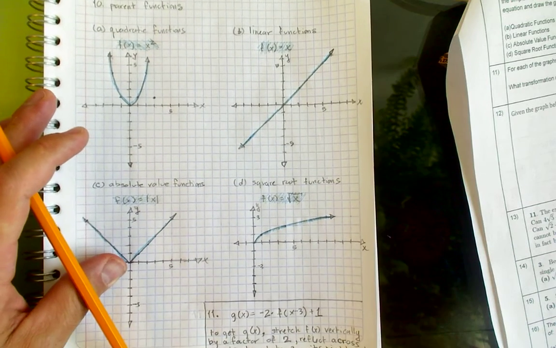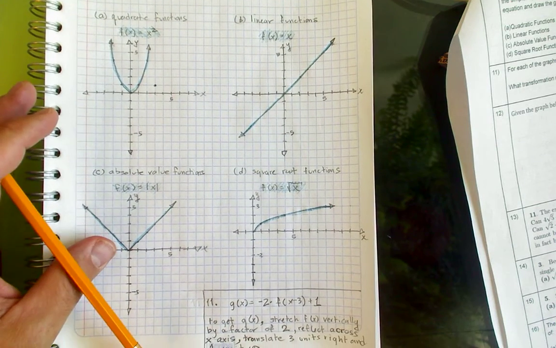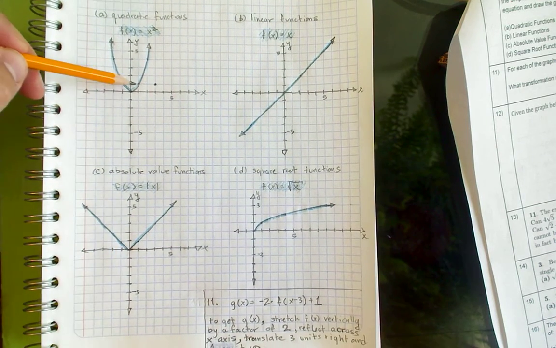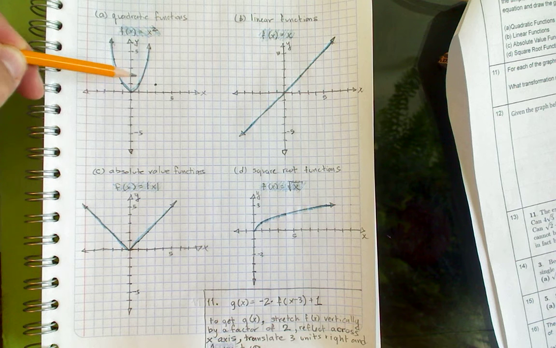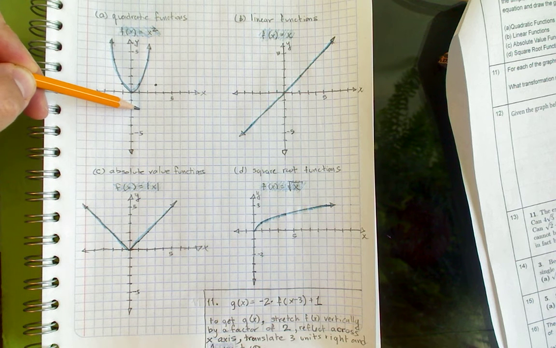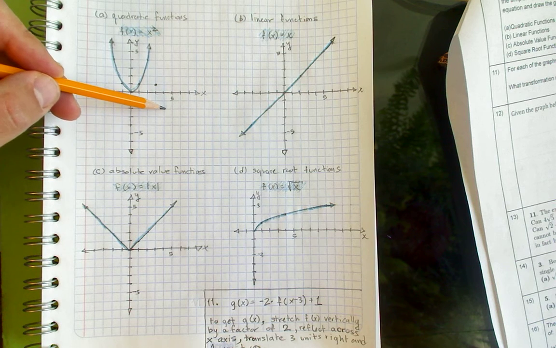Let me just take another point from this function, this point right here. Let me start by stretching vertically by a factor of 2. Well, that means I go from 1 unit to 2 units. I'm going to reflect across the x-axis, so instead of a positive 2, I'm going to be down here at negative 2 for my y value. And then I'm going to go over 3 units, 1, 2, 3, and up 1.